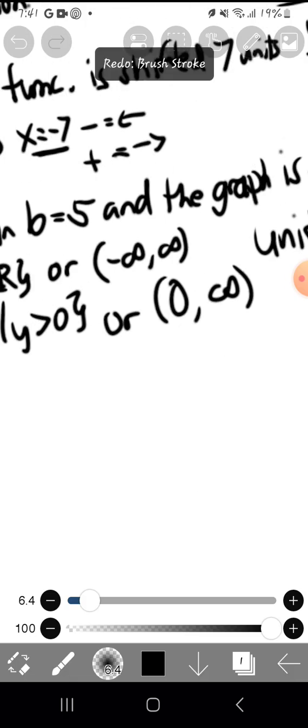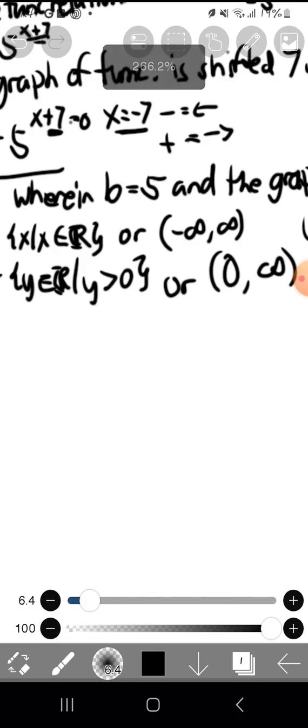Tama ba? Ano raw? Wait lang. Double check ko to. Basta, alam ko tama ako.